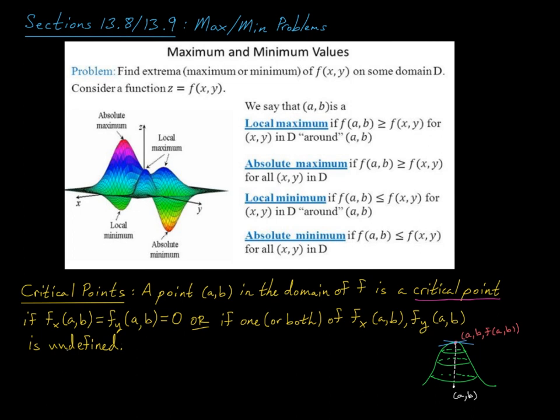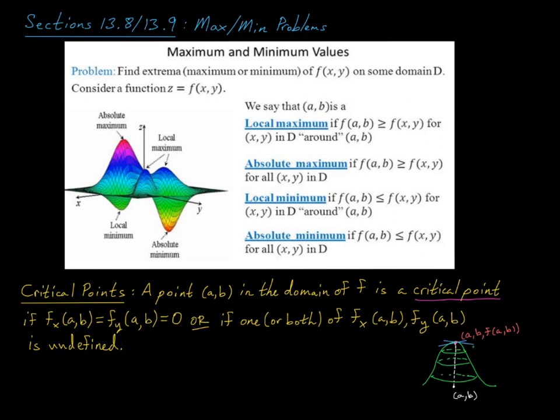Now remember, for a single variable function f, a critical point was a number c where either f prime of c was 0, that's the analog of this condition, or if f prime of c was undefined, that's the analog of this second condition.